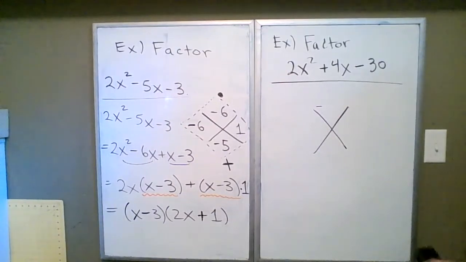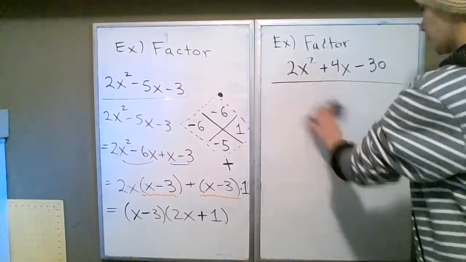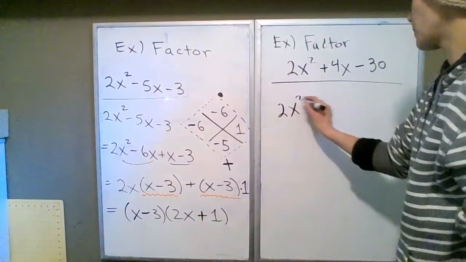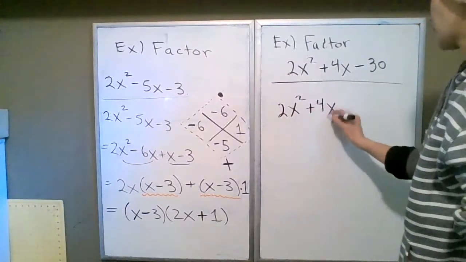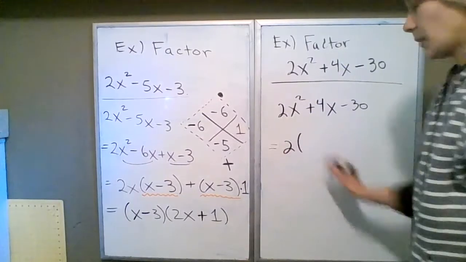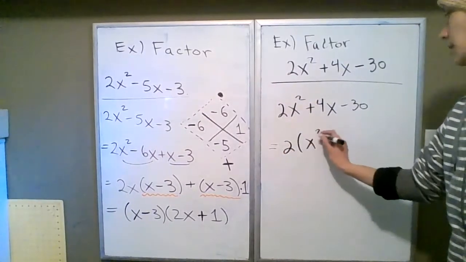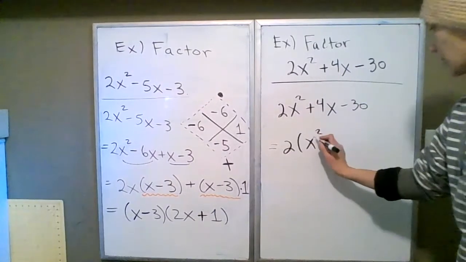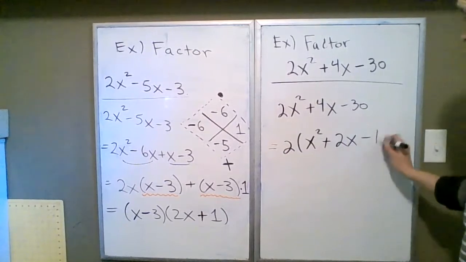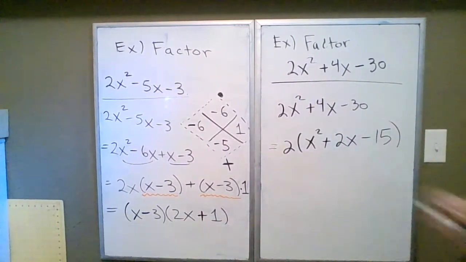We could take out the greatest common factor, which would be 2. That's a good place to start. Two times x squared plus 2x minus 15. Nice. So what we want to factor now is what's in the parentheses.